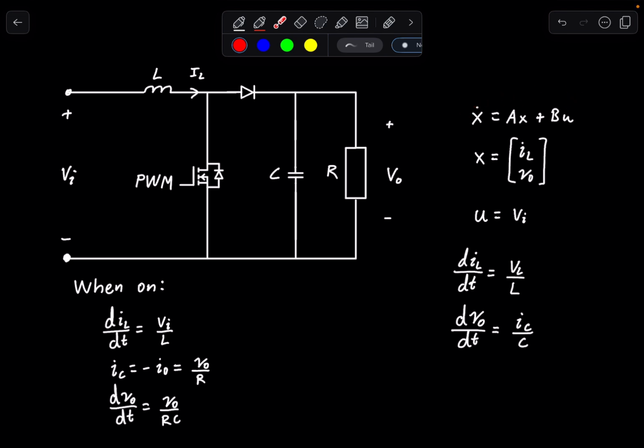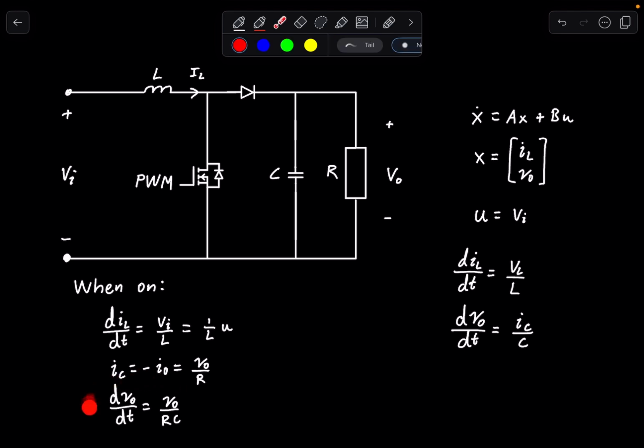Now we want to find A and B in this state model. So we can try to substitute the values that we have with the states and the input of the state space model. So we therefore have the derivative of the current is equal to 1 over L multiplied by u.